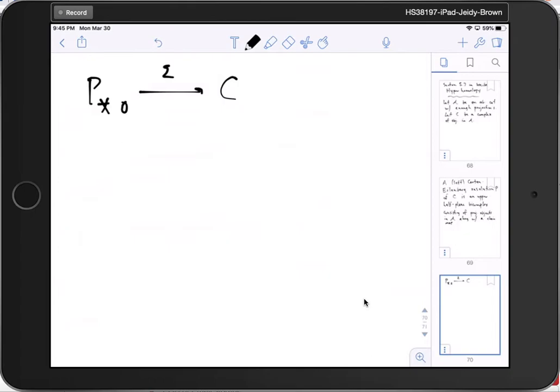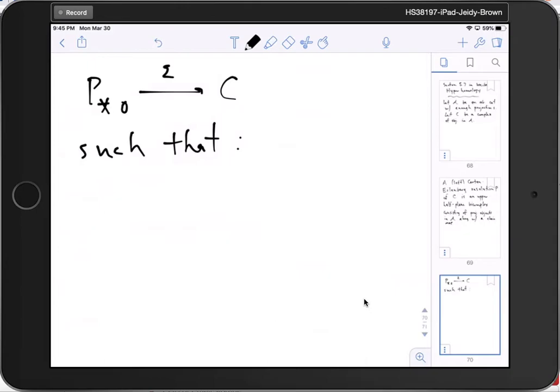Okay, so let's just take a step back and think about what we're doing here. So I've got a bicomplex of projective objects. It's concentrated in the upper half plane, and the bottom row maps to my complex. Okay, so think of this as like a two-dimensional projective resolution.